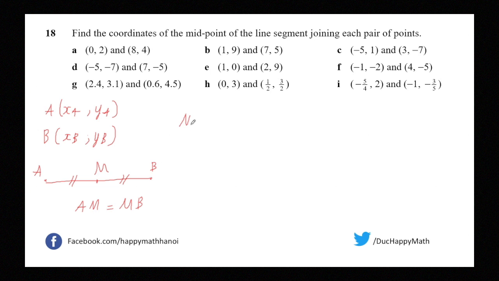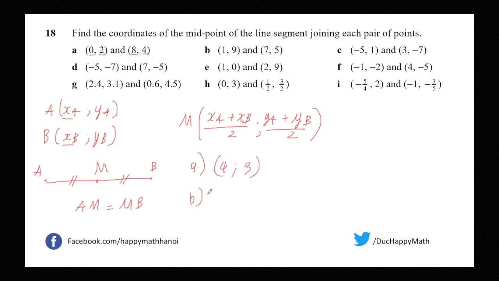So if you want to calculate the coordinates of the midpoint, just take the x coordinate of each point, add them together, and divide by 2: XA plus XB divided by 2, and YA plus YB divided by 2. Okay, quite easy. So question 1, question A: 0 plus 6 divided by 2 is 3, and 2 plus 4 is 6 divided by 2 is 3.